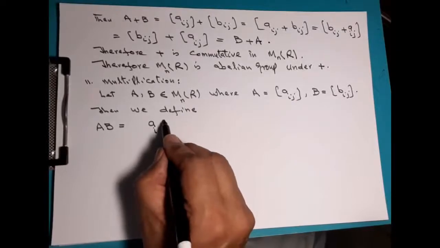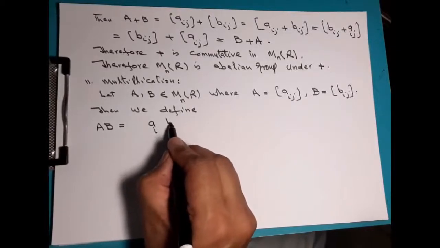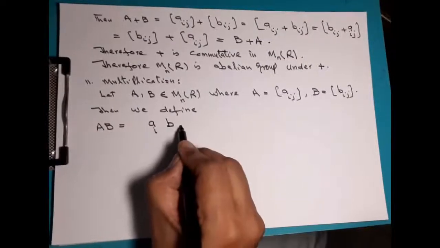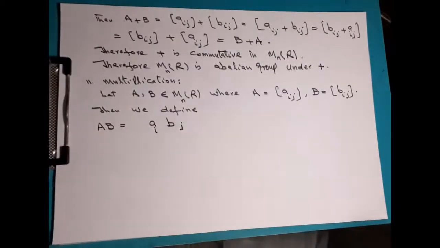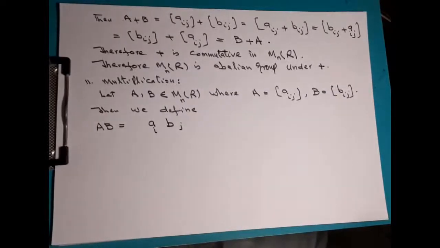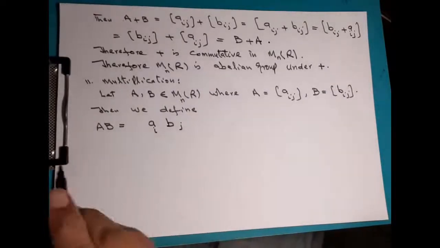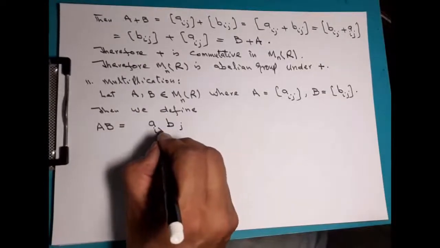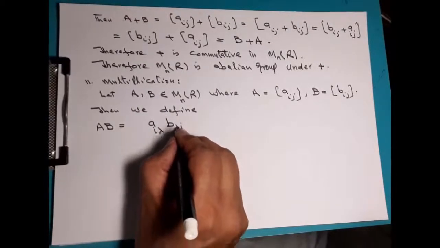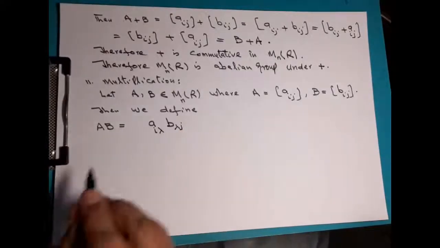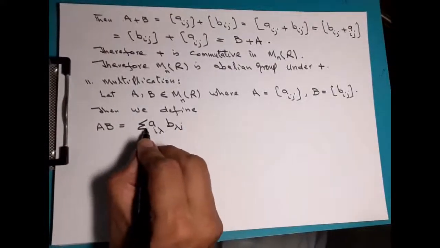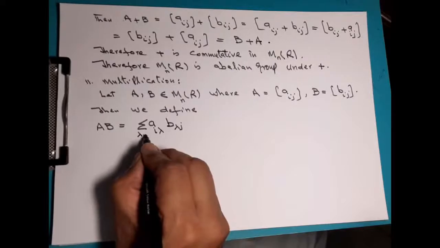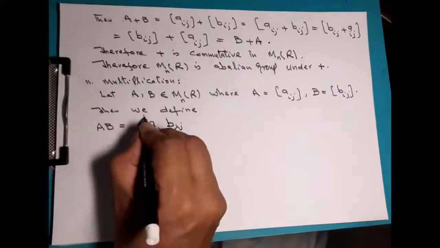So jth column of matrix B. We multiply and then we add. So this is the way we can do it here: A_iλ and B_λj, and we give summation, λ varies from 1 to n.